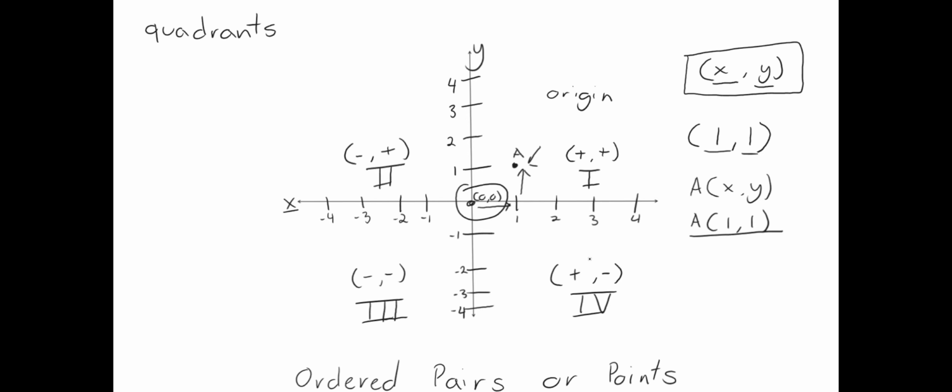A tip that helped me when I was doing this math is to focus on which side we are moving first. Are we moving left or right? That's particular to the x-axis. Then for the y-axis, are we moving up or down?